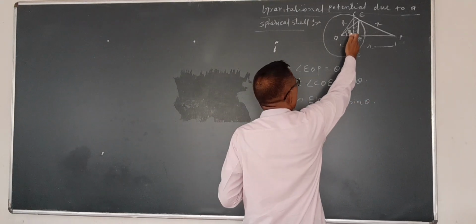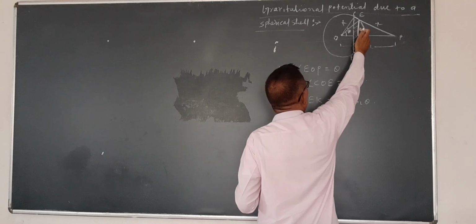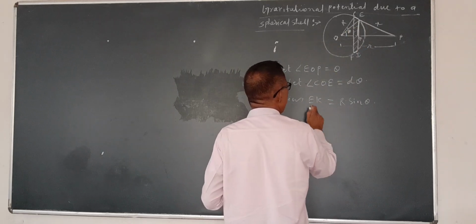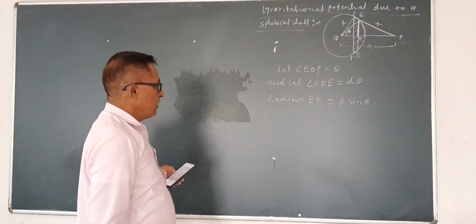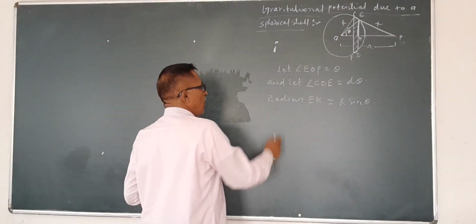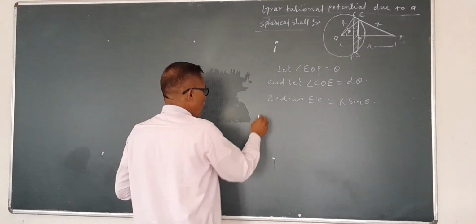Using sin theta equals EK divided by hypotenuse, we get EK equals r sin theta. As this is the radius, we can calculate the circumference of this small shell.